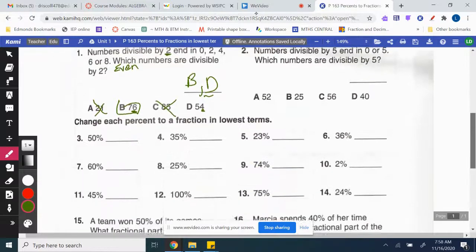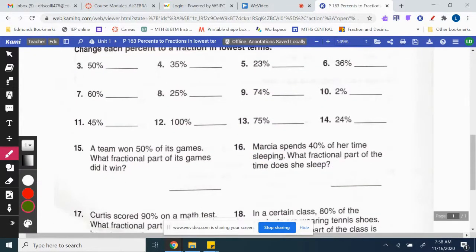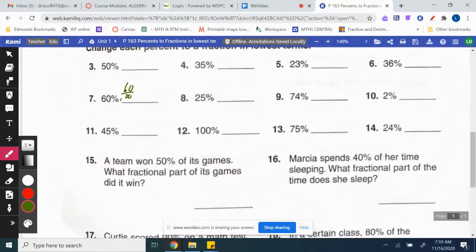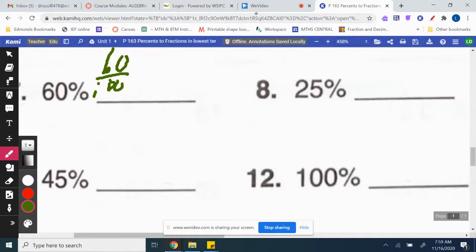But what we really want to get into is, how do we change these to lowest terms? So I'm going to pick number 7, and this is going to be 60 over 100. I'm going to zoom in so I can write a little bit neater and easier. So 60 over 100, and let's change the pen size. So I'm going to try to divide it by 10 because I see they both end in 0.